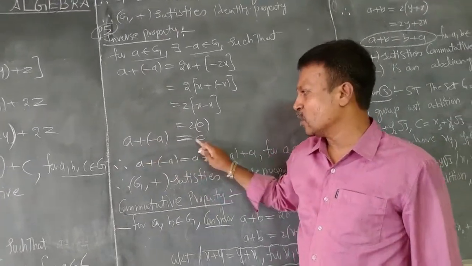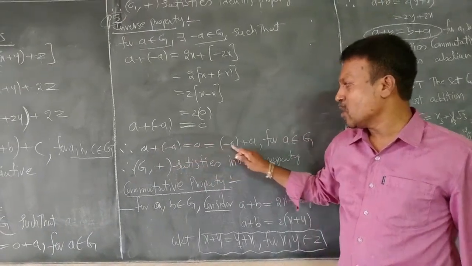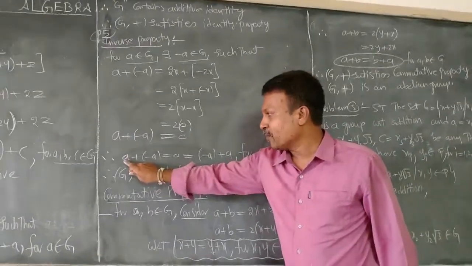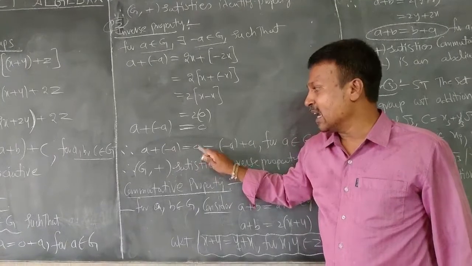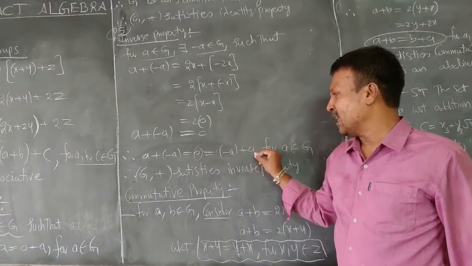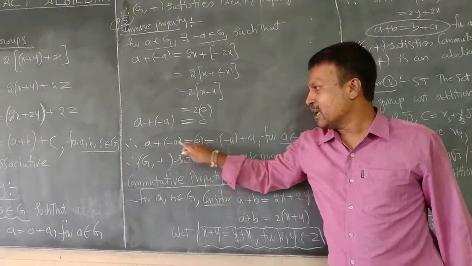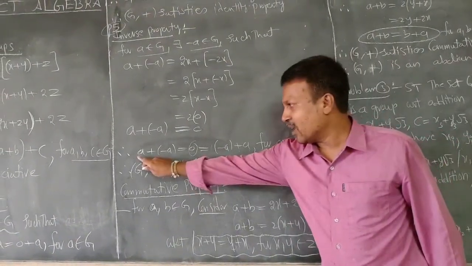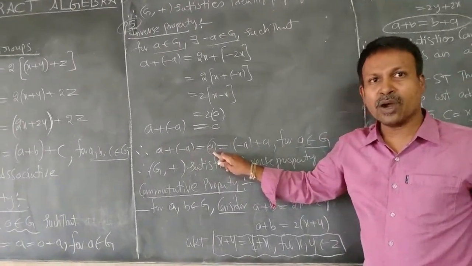Therefore, A plus of minus A is equal to 0. On the whole, we can write A plus of minus A is equal to 0 is equal to minus A plus A. In this inverse property, we have proved that A plus its additive inverse is equal to the identity element 0 is equal to the additive inverse element plus A, for A belongs to G. That is in the form of A star B is equal to E is equal to B star A. Instead of A, we have got A. Instead of B, we have got minus A. Instead of E, we have got 0.